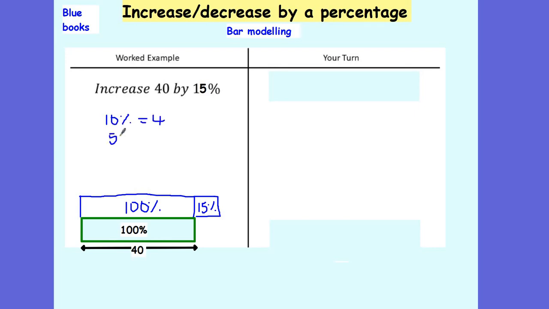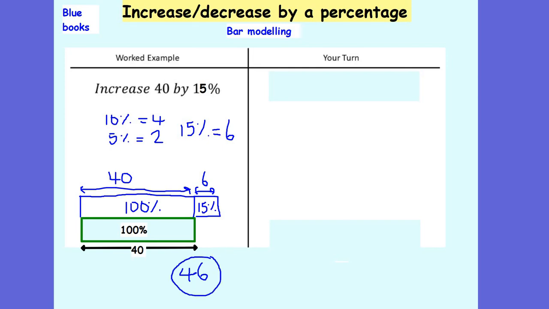We know that 5% is half of that, which is 2. So 15% is going to be 6, adding together 4 and 2. So this little bit here is 6. The original bit we started with was 40. So my final answer this time is 46.